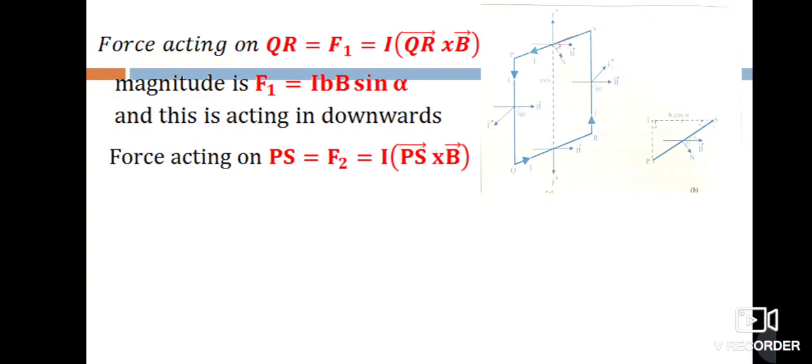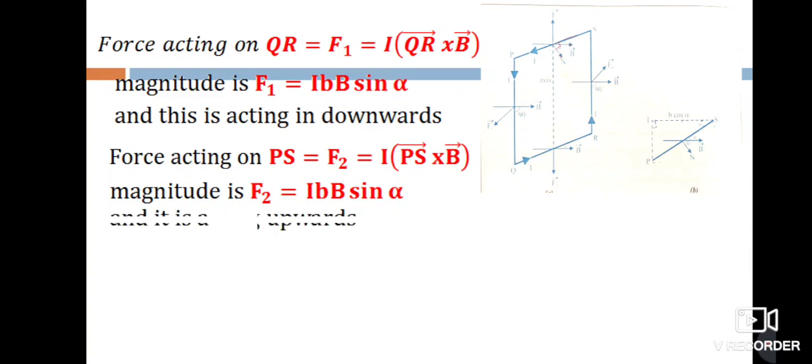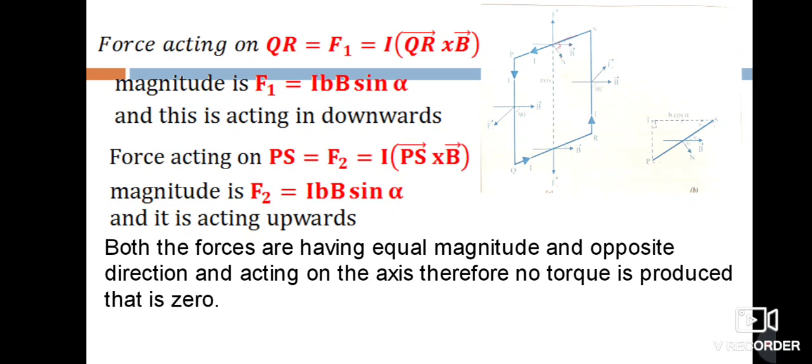Similarly, the force acting on the exactly opposite side PS is F2, equal to I, the length PS, cross B. Therefore, the magnitude of F2 is again I b B sine alpha, and this force acts upwards. Both forces have equal magnitude and opposite direction, and they act along the axis.